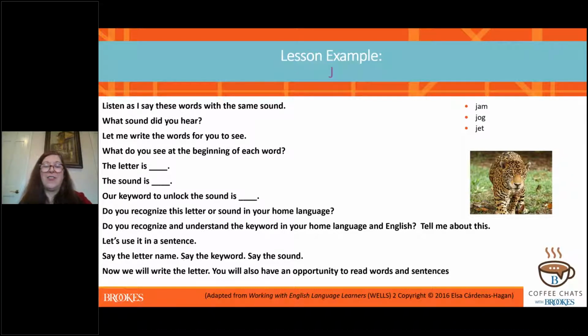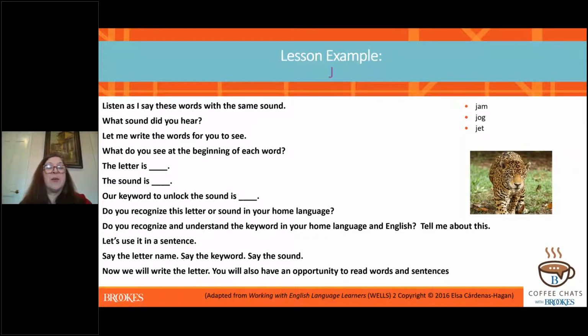Very good. You knew that in Spanish it was jaguar. Very good. Let's use the word jaguar in a sentence. Oh, the jaguar can run very fast. Let's say the letter name, J, the key word, jaguar, the sound, J. Very good. We're not only going to write this letter, but we're also going to give you many opportunities to read words and sentences that have this sound and it's represented by this letter.